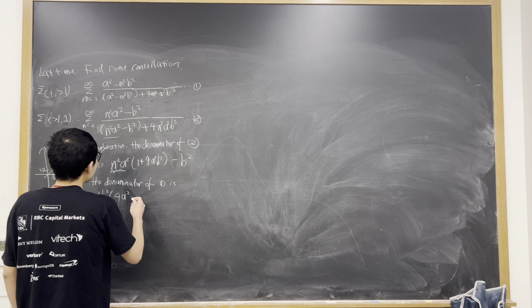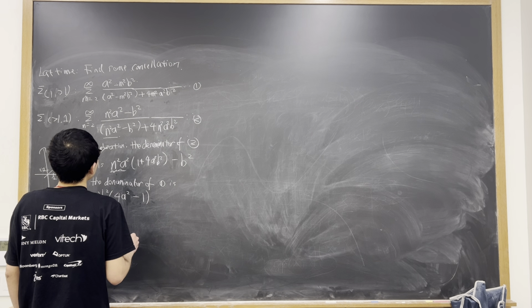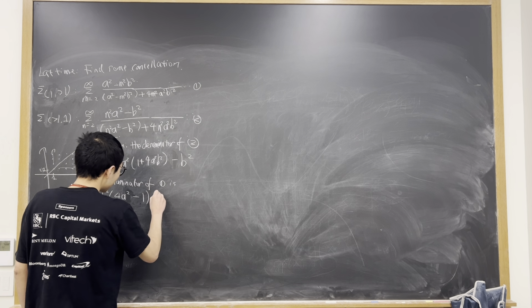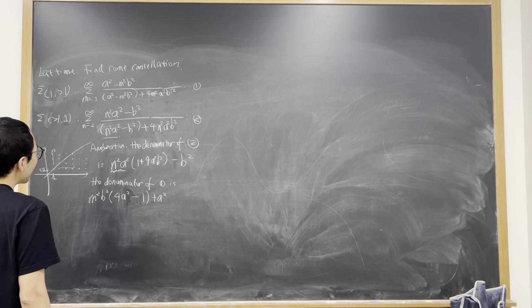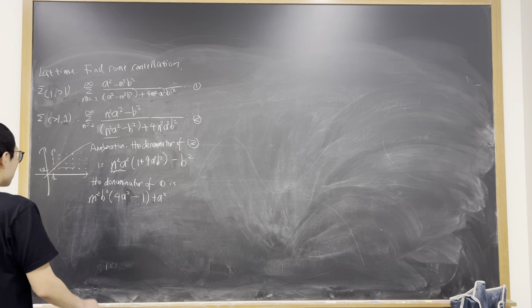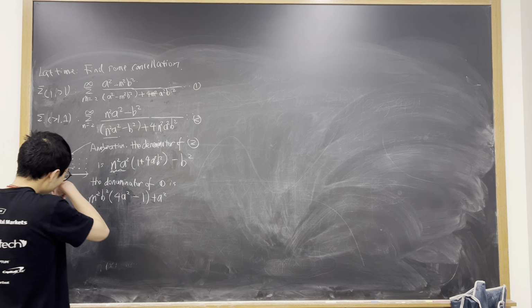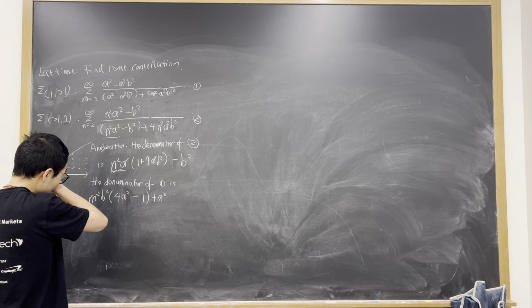So m squared b squared times 4a squared minus 1, right? And then plus a squared.